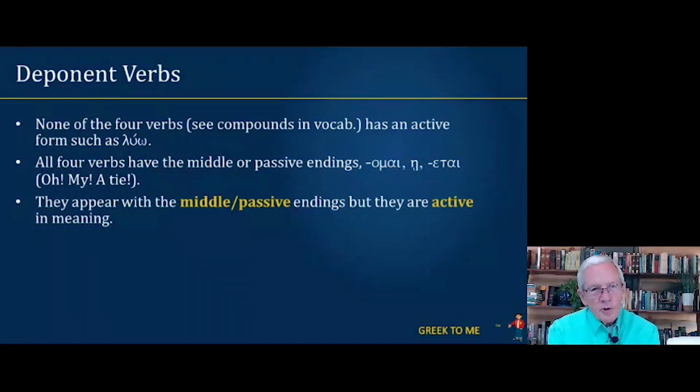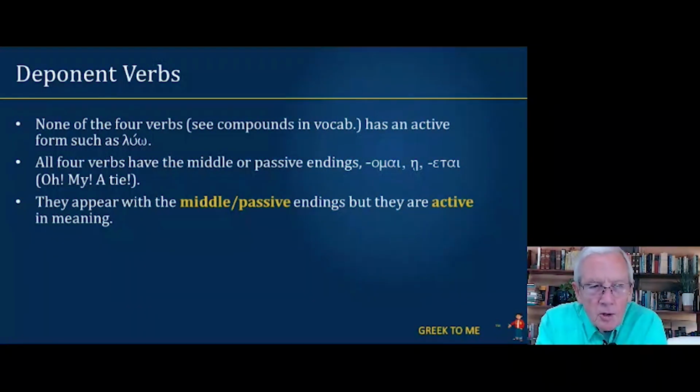None of the four verbs that we saw in the previous slide has an active form such as luo. They have the omai endings. But how are they translated? They are translated actively. All four verbs have the middle or middle passive endings: omai, e, etai, ometha, esthe, ontai.